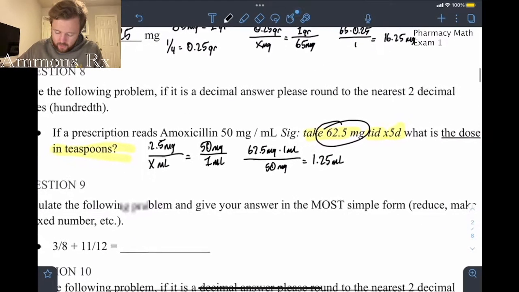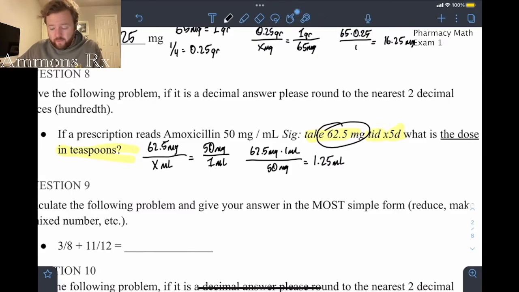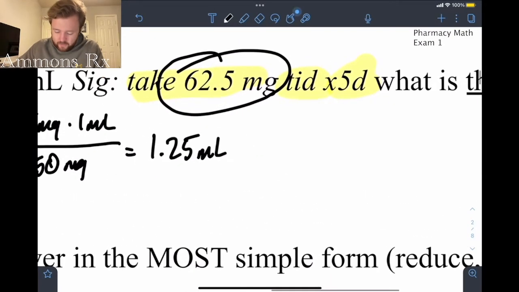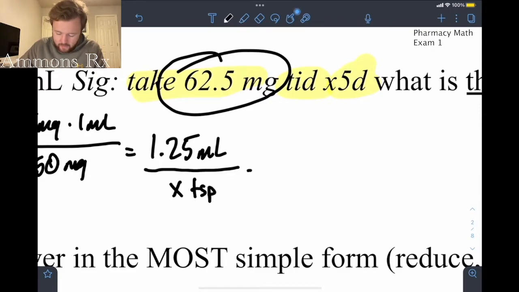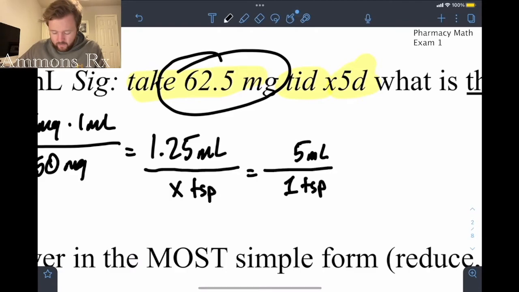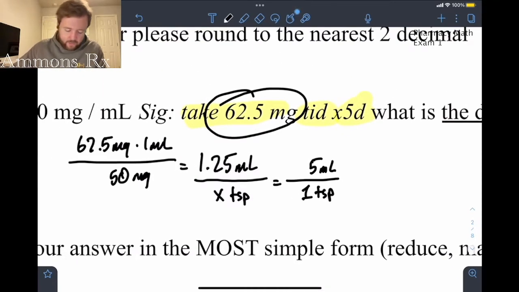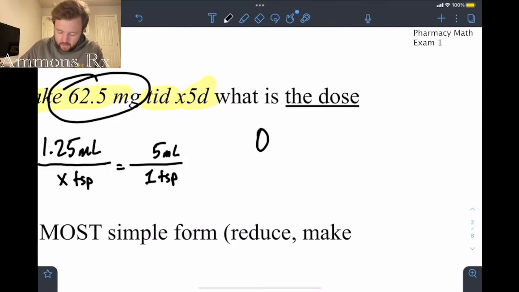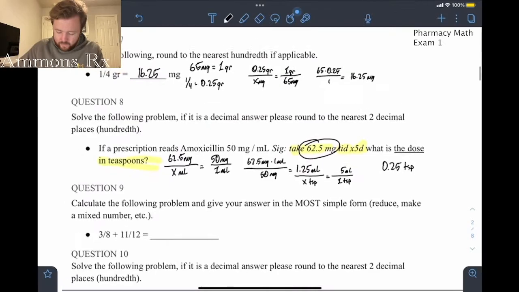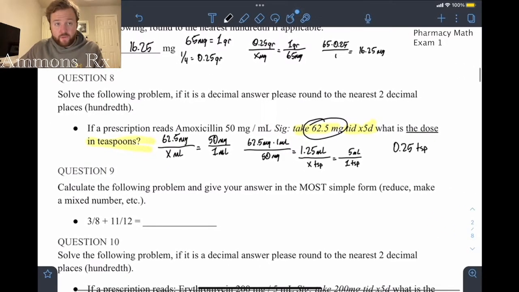Okay, 1.25 mils, but it's asking for our answer in teaspoon, so don't forget, we don't know how much that is in teaspoons, but we know the relationship because it is 5 to 1. Okay, so 1.25 times 1 divided by 5. That is 0.25 teaspoon. Okay, that is our answer.